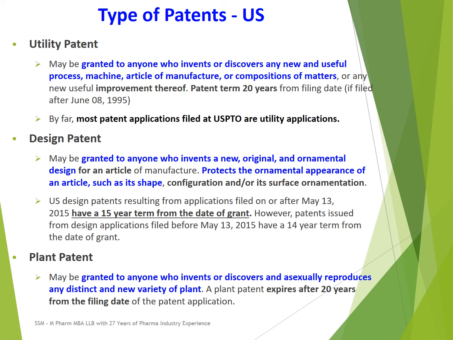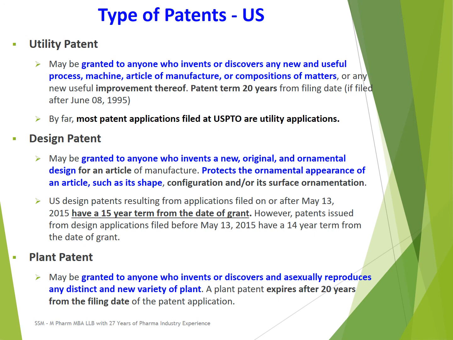Next is design patent. Design patent basically protects the ornamental appearance of an article, such as its shape or configuration or its surface ornamentation. So basically, it protects the design or shape, not the functionality of that design, only the ornamental design of that article.